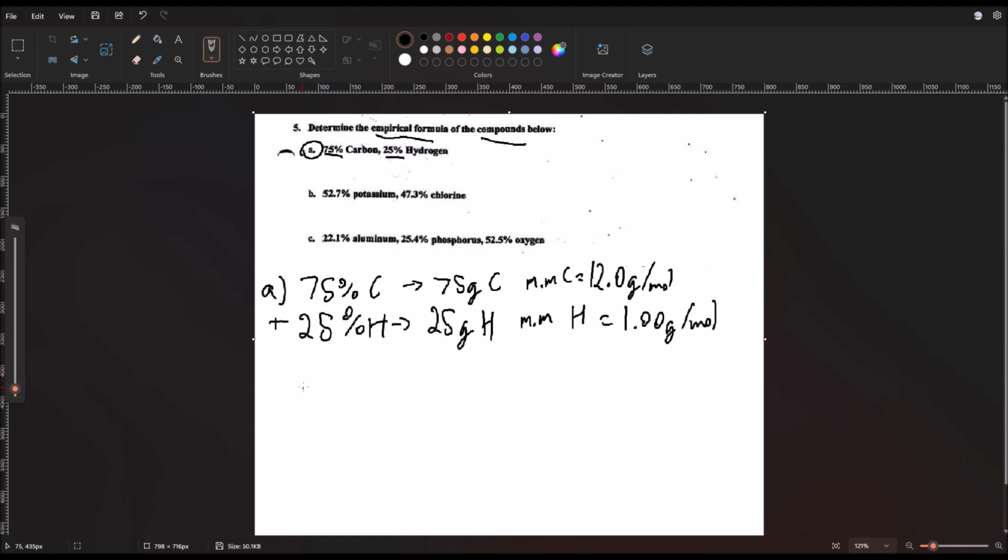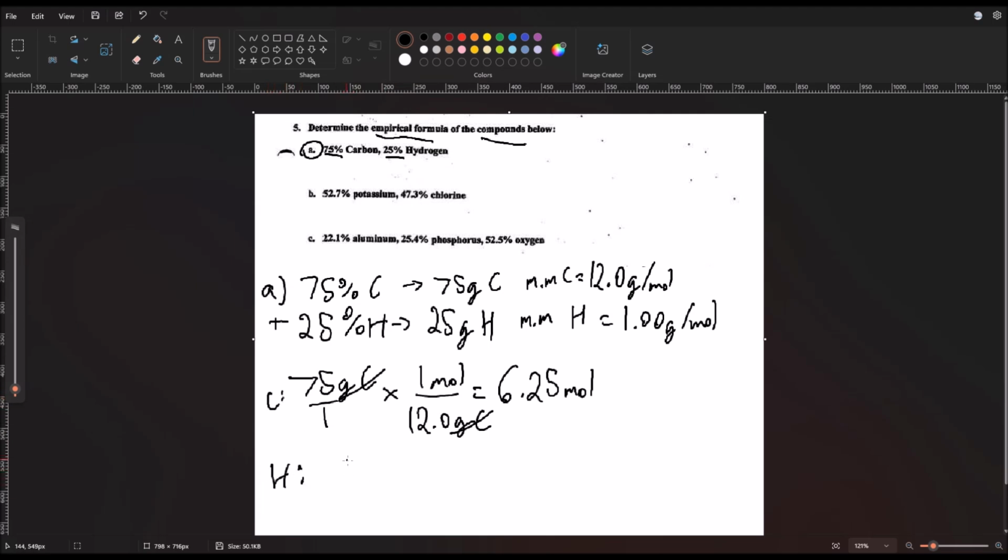So, we're going to divide our 75 grams by 12.0, and that's going to give us 6.25 mole. These are going to cancel out. And so that's for carbon.